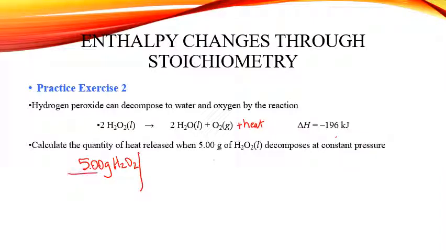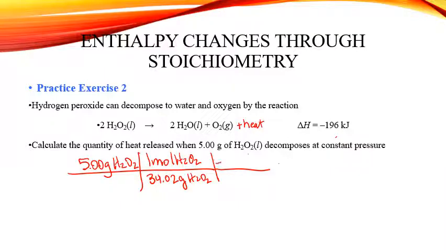And as I begin my problem, we need to convert to moles. So I have 1 mole of the H2O2, and molar mass would be 34.02 grams of the H2O2. And then for the next part, we have our mole ratio with the heat involved. So I have the negative 196 kilojoules in the numerator.